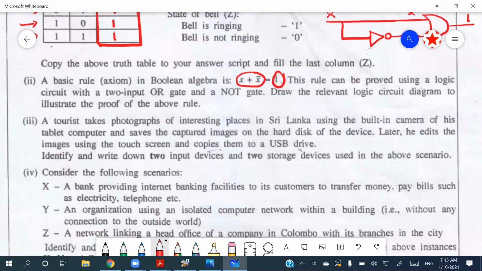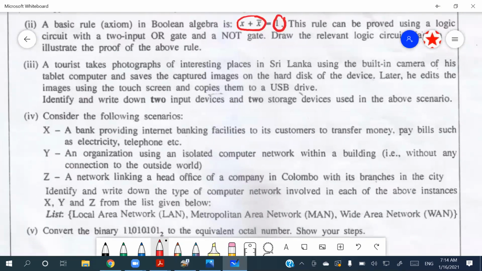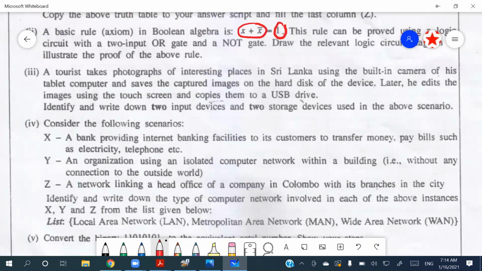Right. Then the third one: a tourist takes photographs of interesting places in Sri Lanka using the built-in camera of his tablet computer and saves the captured images on the hard disk of the device.